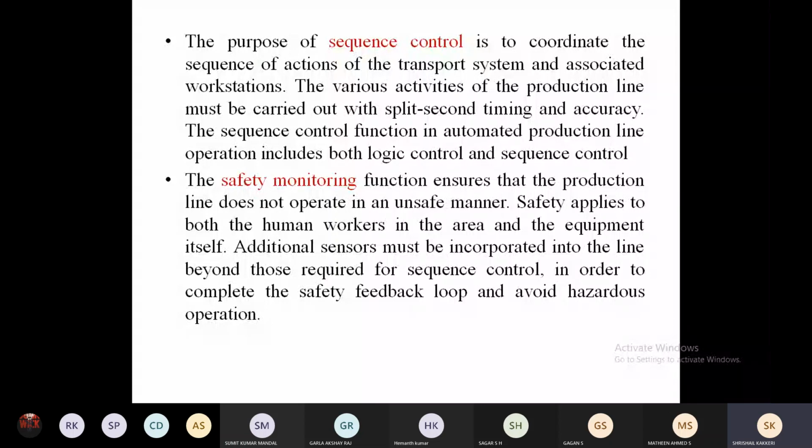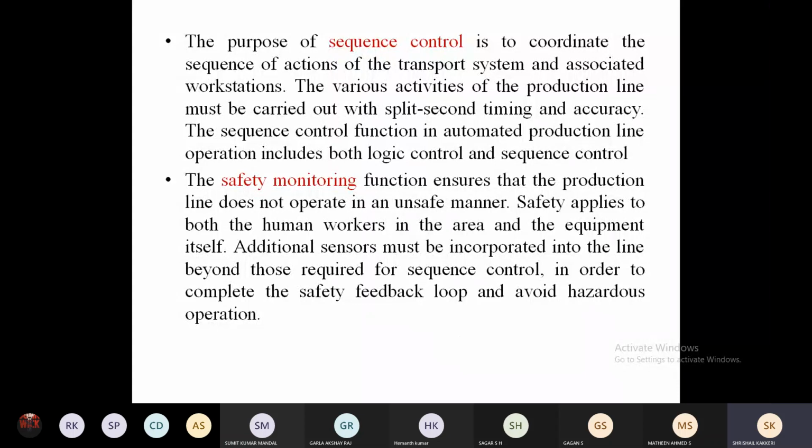Sequentially, the three welding robots will be performing their specific functions once the object comes to them, and this will be done using sequential control systems, the sequence of operations. Okay, and it includes both logical control and sequential control.